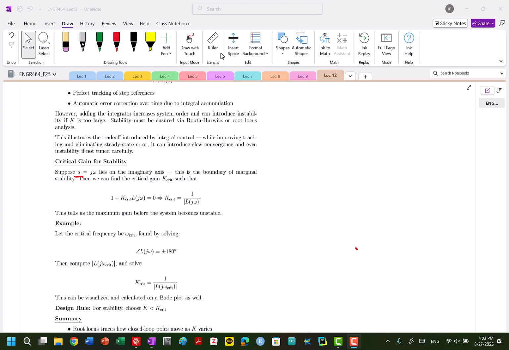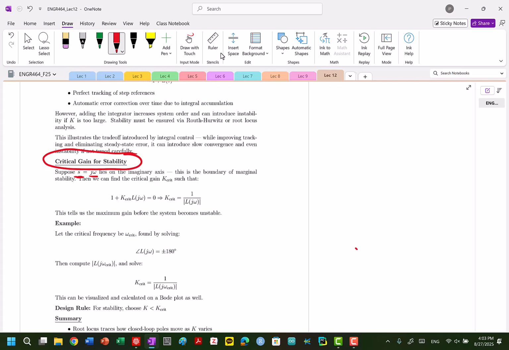So one of the different ways that we can calculate, we just did this example of the Routh-Hurwitz criteria to figure out our margin, or our critical gain, to make sure that we're stable in the system. One way you can also calculate that value is by looking at a Bode plot. We can transform our function from the S to the frequency domain.